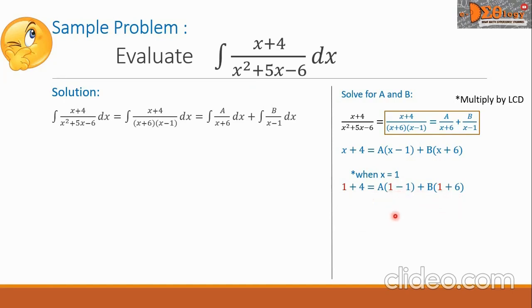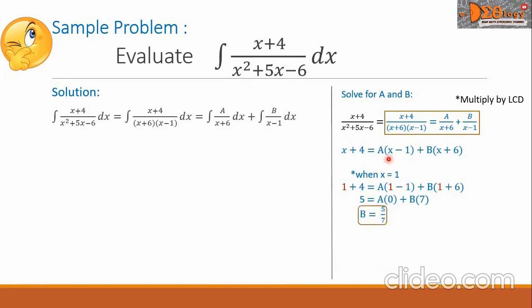This 1 minus 1 will give A times 0 plus B times 7. On the left side will be 5. So A here will be eliminated, and we can get the value of B, and that is 5 over 7.